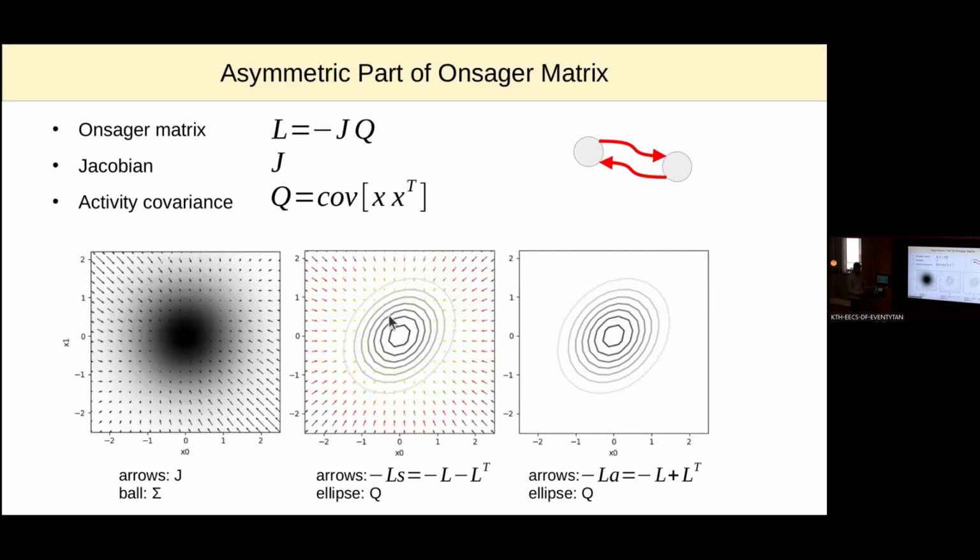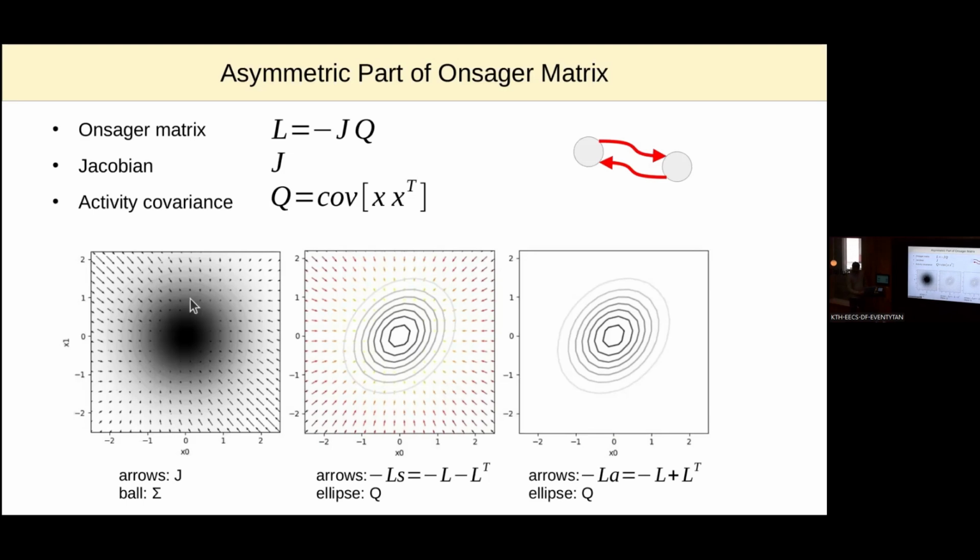And so I can analyze it with its symmetric part and this anti-symmetric part here. So what you have is represented in this graph, so it's a bit abstract, but basically you've got the two activities, x0 and x1 here.